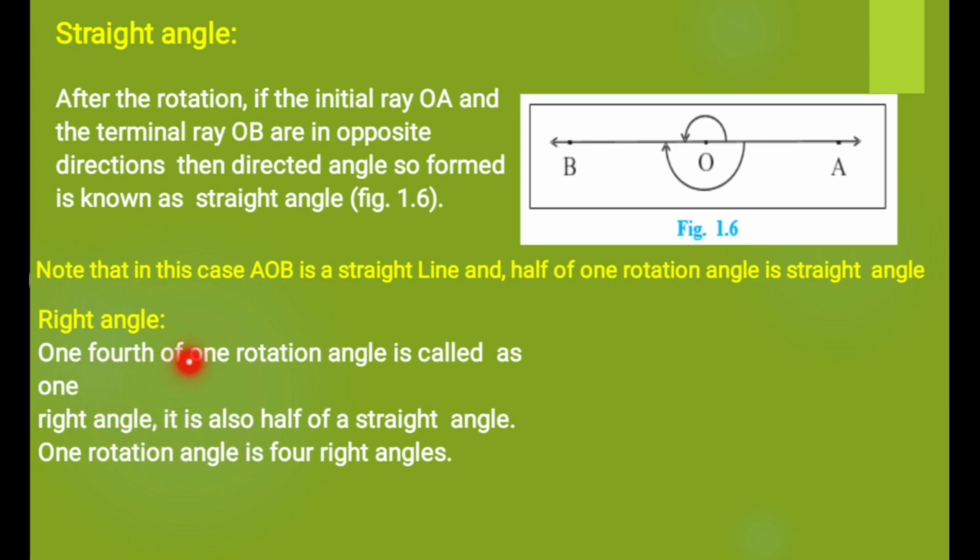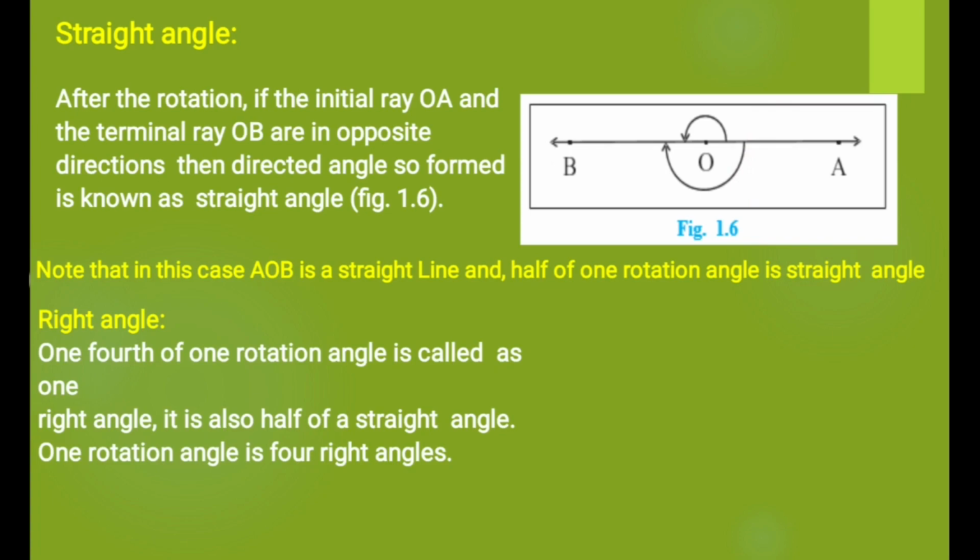One is one fourth of one rotation angle is called one right angle, or when we consider a straight line, we define it as half of a straight angle. One rotation angle is 4 right angles. That means when we complete 4 right angles, we get one complete rotation.